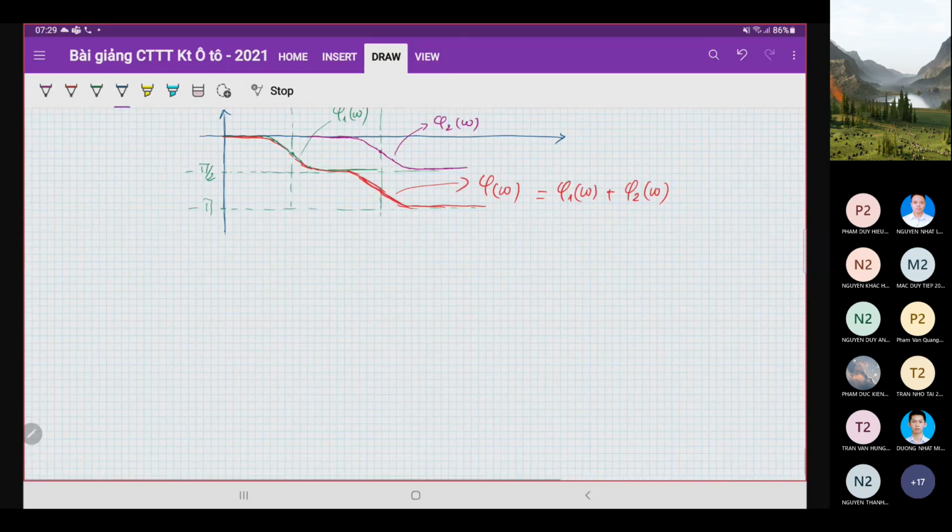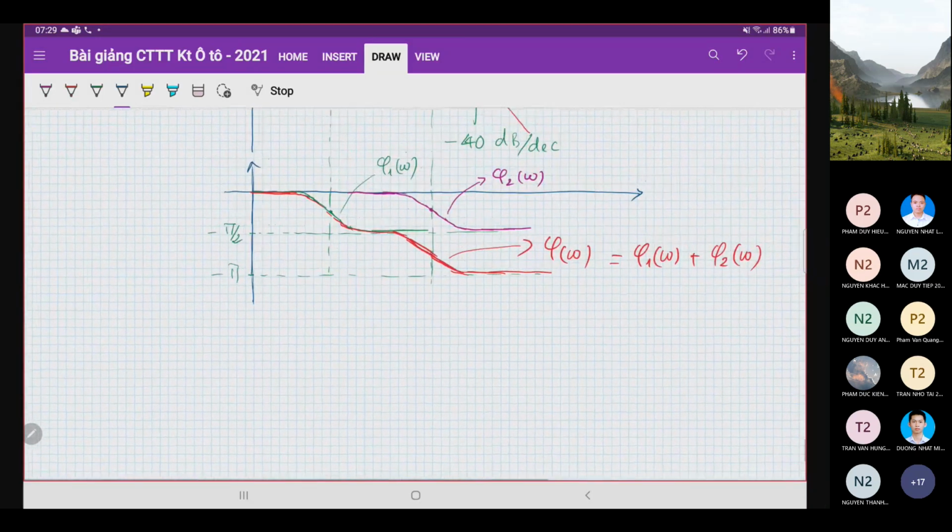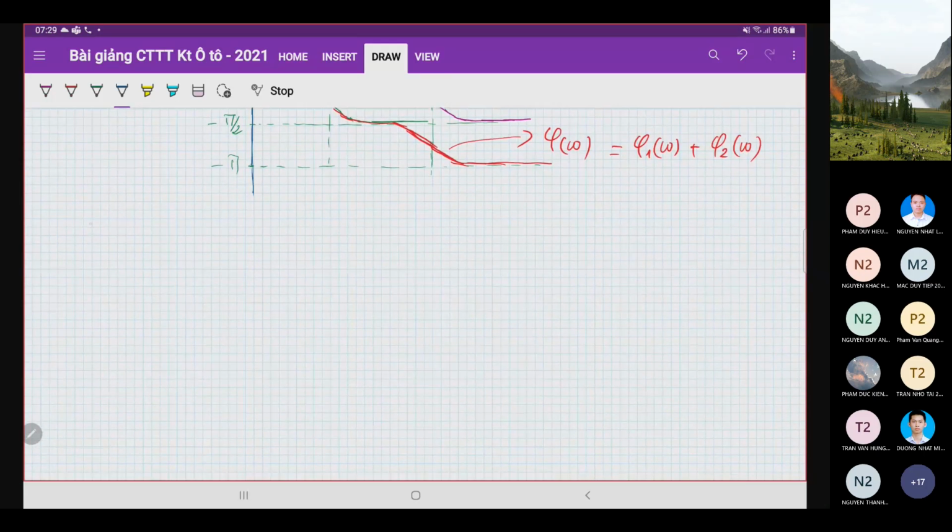That means we have one system, for example, right? We have G(s) equal to (1 plus T1 s) over (1 plus T2 s).